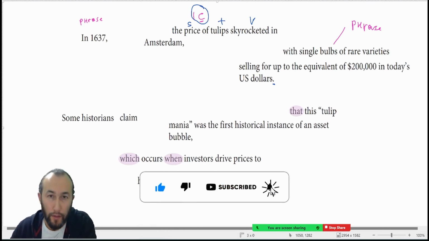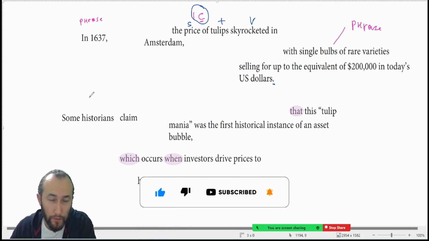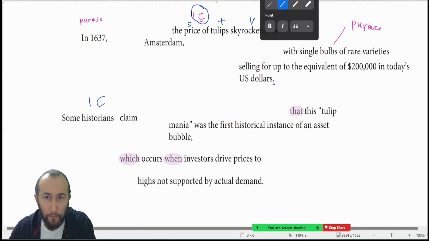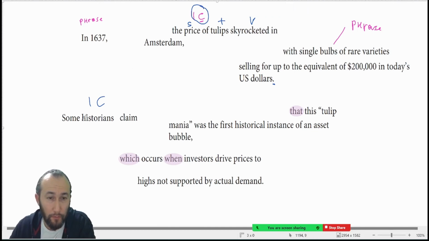The first one is the independent clause. Obviously, I'm going to write here IC: some historians claim. What are the subjects? Some historians is the subject, claim is the verb. So it's an independent clause. And "that this tulip mania was the first historical instance of an asset bubble" is a noun clause.